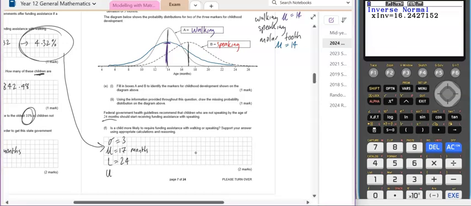So your upper boundary is obviously going to be, again, 1 times 10 to the power of 99, or as high as possible. So what percentage of children require help there? So above 24.